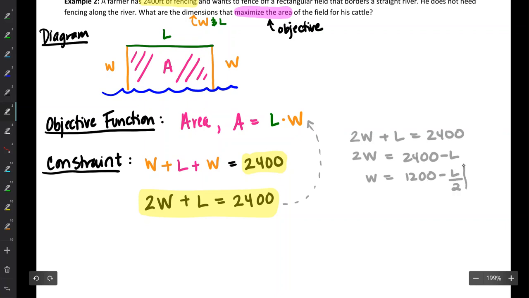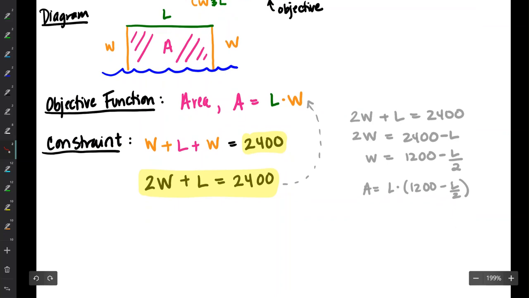And that would be perfectly fine, in which case area is length times width, and width is right here. Making that substitution, area is length times width. Now, the only reason that I don't want to do this, it's perfectly fine, but having a fraction just makes my life a little bit more difficult.